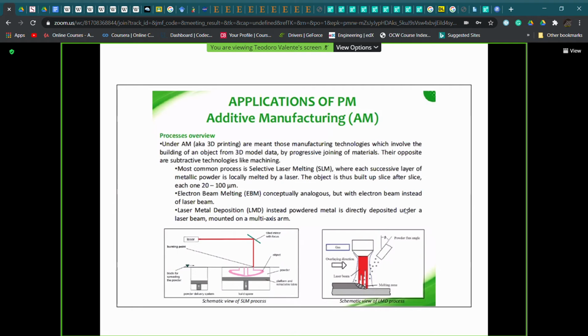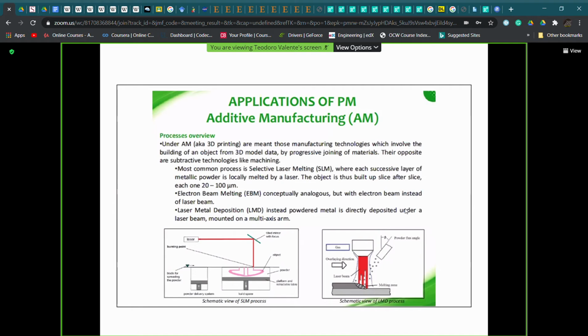And one of the main issues to be considered is the actual availability of powders to be used successfully with AM techniques.